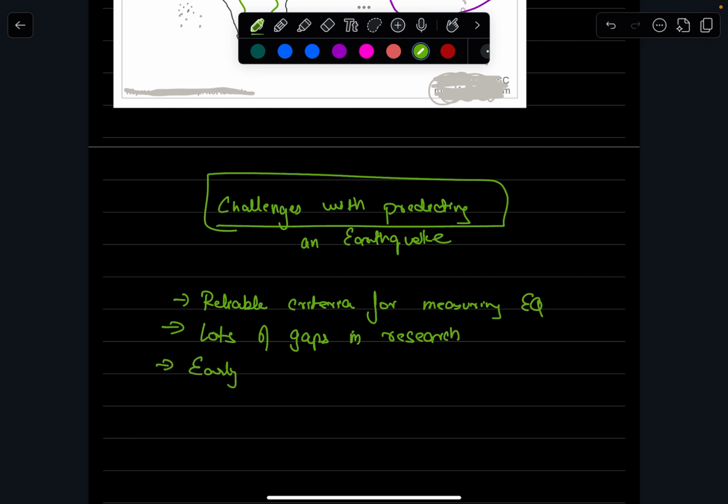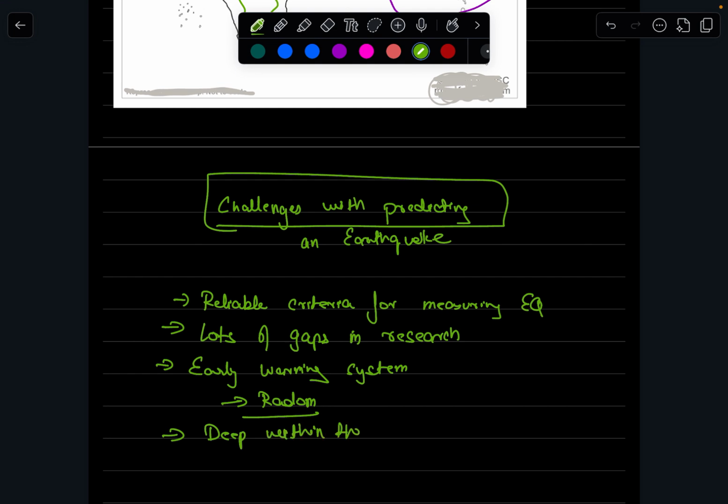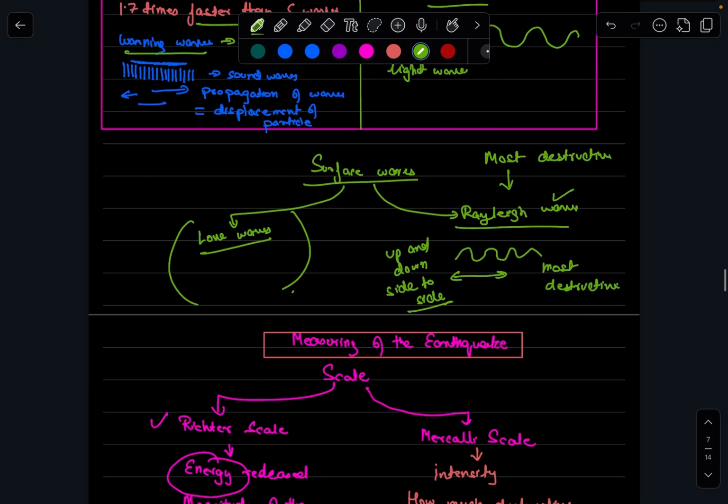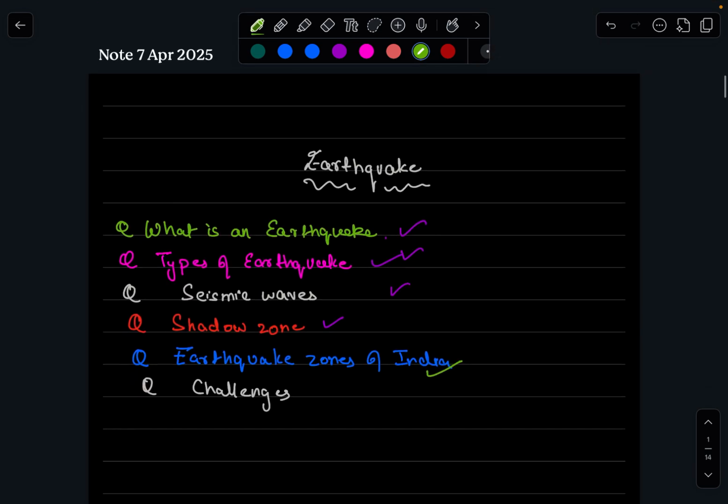The early warning system is not enough, because only one gas, radon, gets emitted if there are any changes in plate tectonics. So that is also another problem. And because earthquakes occur deep within the crust, it's hard for us to put our seismographs over there. So these are the many things that we had to understand from the perspective of our examination.